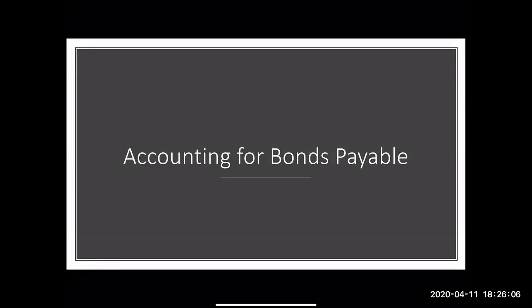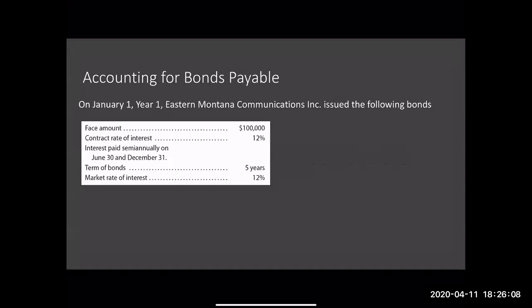All right, so on January 1st, year one, Eastern Montana Communication issued the following bond. The face amount is $100,000. The contract rate of interest is 12%. This bond is going to have interest paid semi-annually, which is June 30 and December 31st. The term of the bond is 5 years, meaning after 5 years, the full amount of the bond is due, which is $100,000.